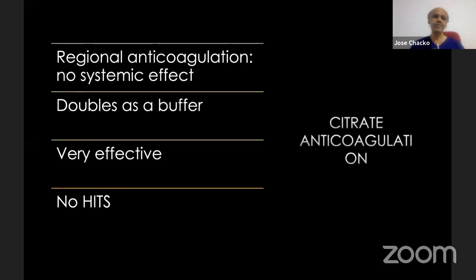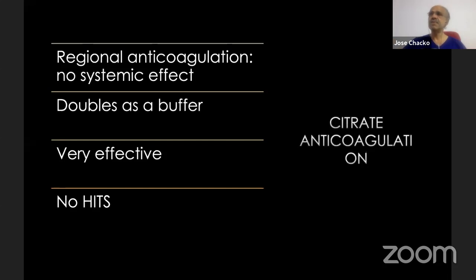As you all know, the acid citrate dextrose or ACD solution is a solution that they use to anticoagulate blood products. So a similar solution is used during continuous therapies as well. So the anticoagulation is purely regional. It anticoagulates only the filter and the circuit.